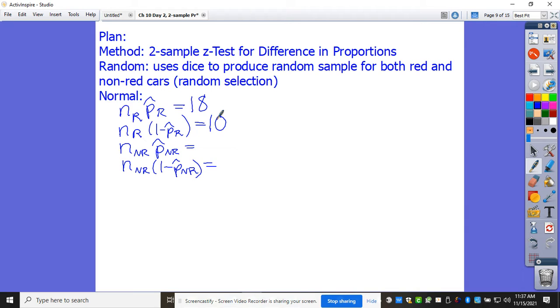In my second sample, which is not red, how many of them were driving too fast? And out of 205, which leaves how many that were not driving too fast? And I need to say what about all of those?